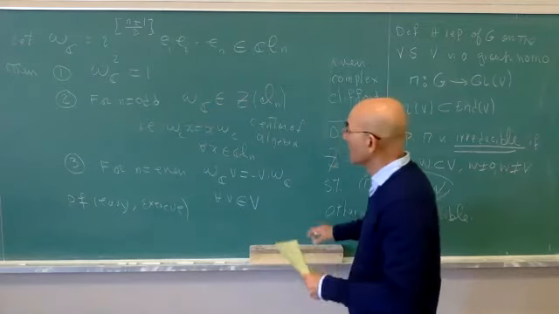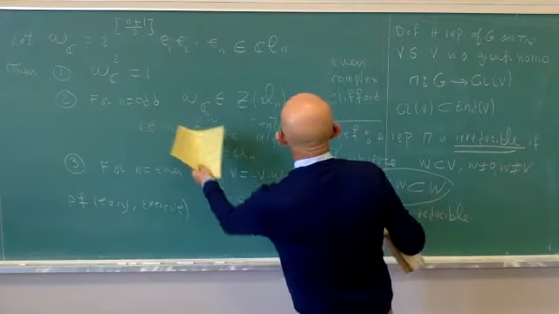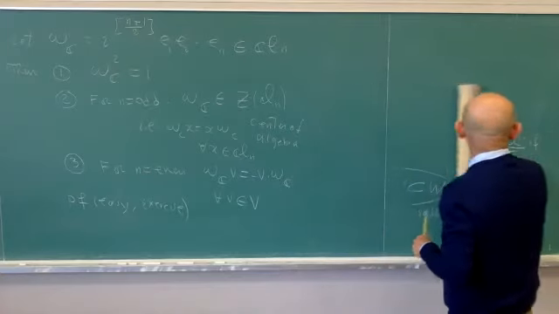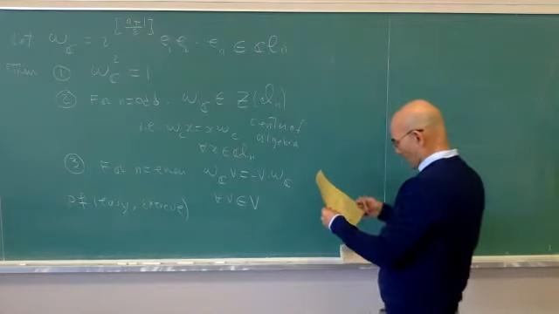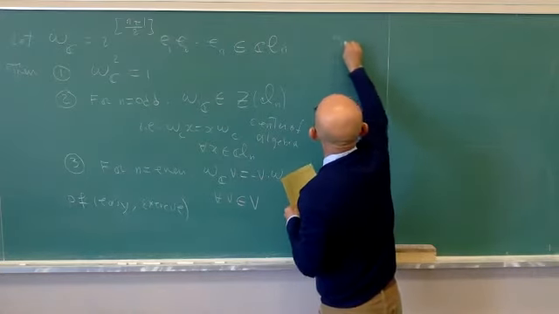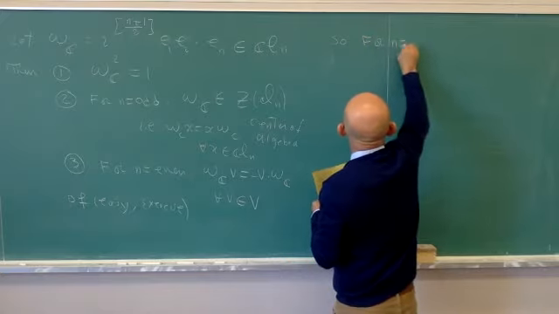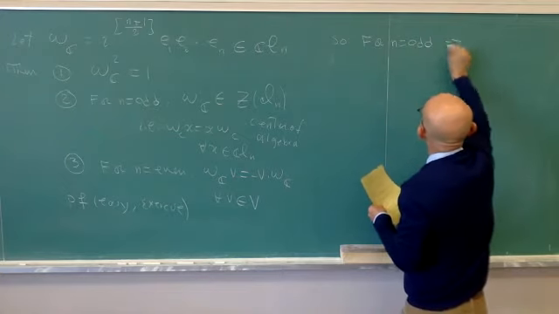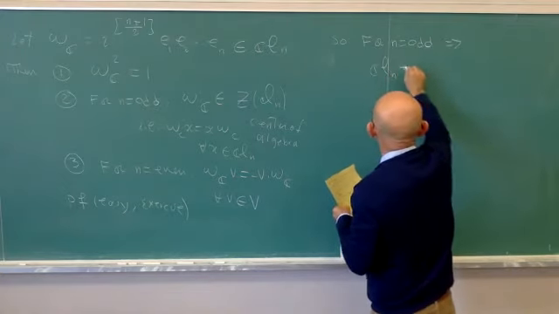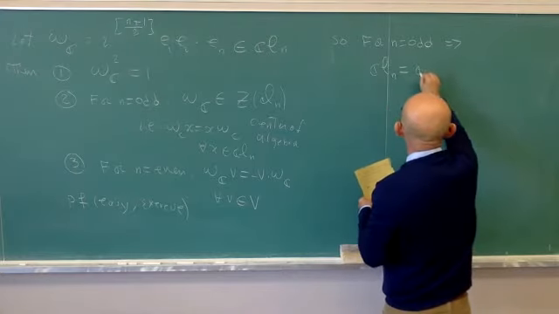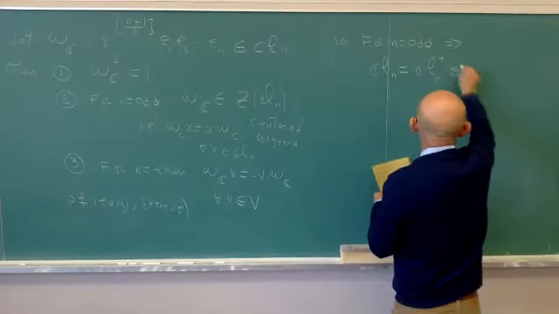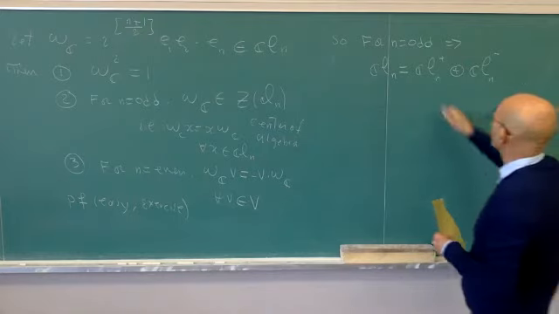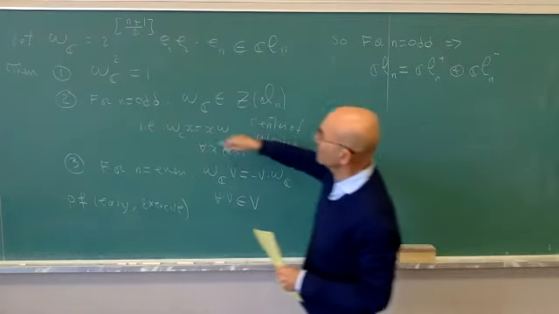Okay. Now we can use, for example, part 2 to decompose this space. For n equal to odd, it follows that we can decompose this C l n as C l n plus direct sum C l n minus.